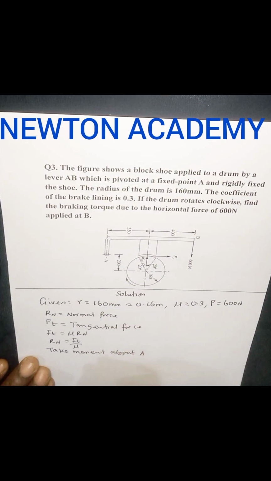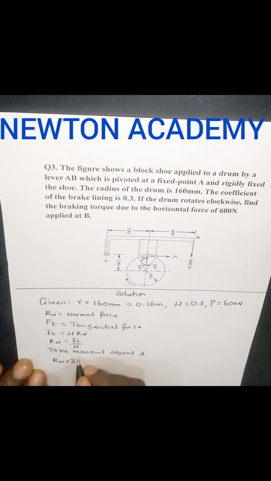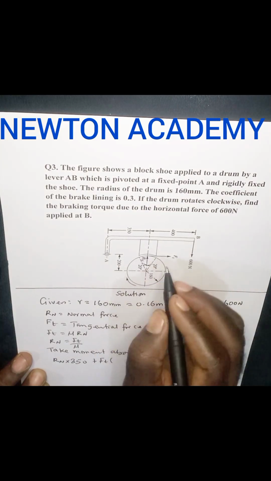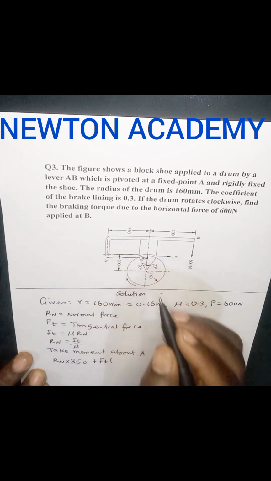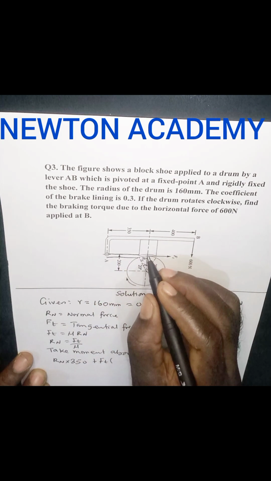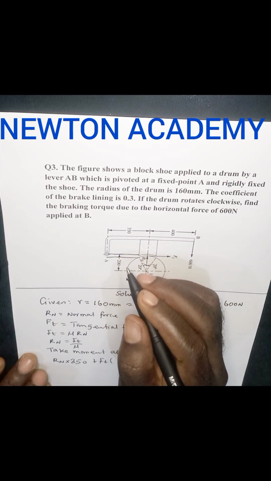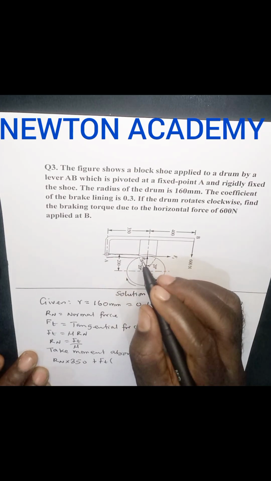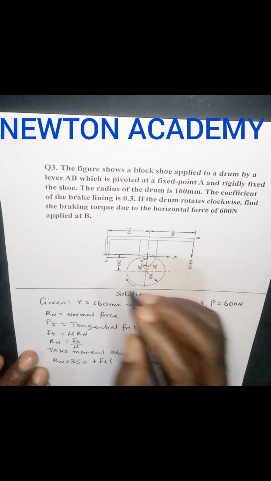For this reason, then we have Rn multiplied by its distance from this place, which is 350, plus Ft, its distance from here is going to be 200, this 200, then we'll subtract the radius of the drum from there.